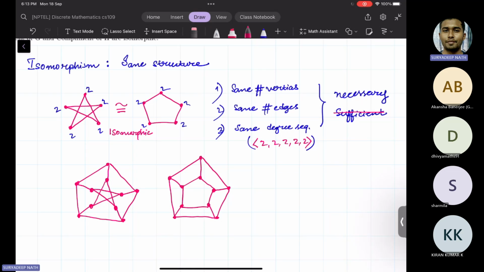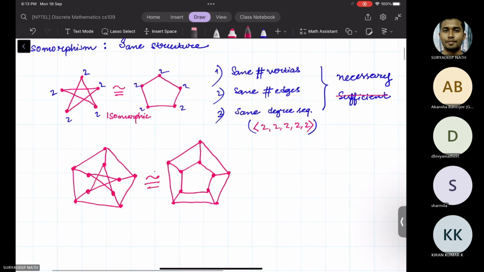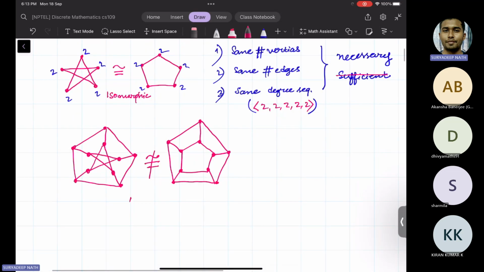Are these two graphs isomorphic? They are not isomorphic, even if all conditions are satisfied.